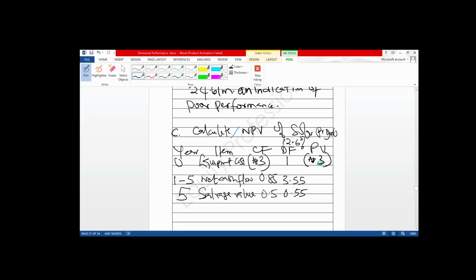Negative 3 million. 0.85 multiplied by 3.55 gives you 3.0175. 0.5 multiplied by 0.55 gives you 0.275.